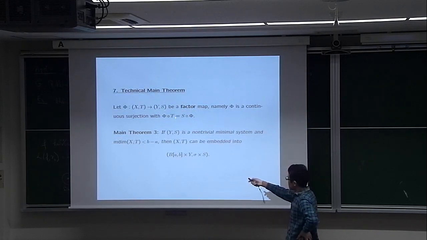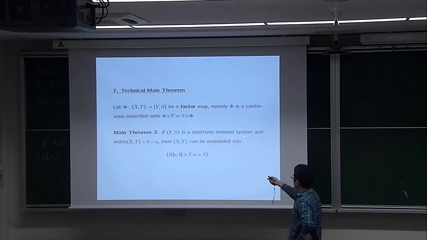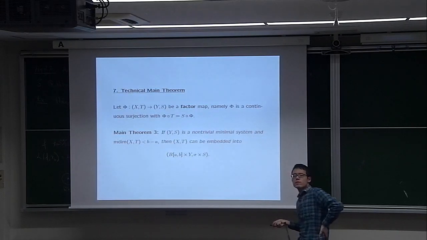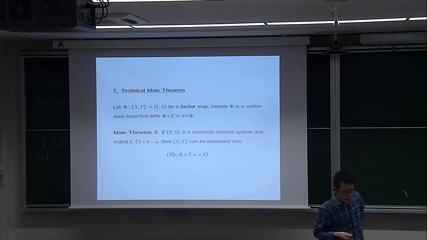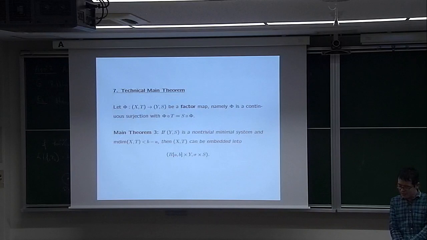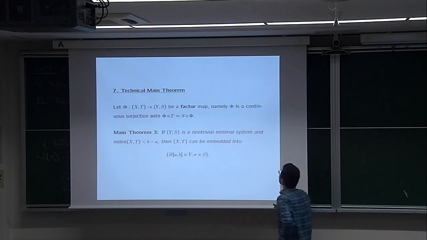Then under this setting, if Y is a non-trivial minimal system and X has mean dimension less than B minus A, then (X, T) can be embedded into the product of B_{[A,B]} and Y. This is a bit technical statement, but in some sense, this is an expository reason. So this statement makes it easier to explain why continuous signals are more flexible than discrete ones.